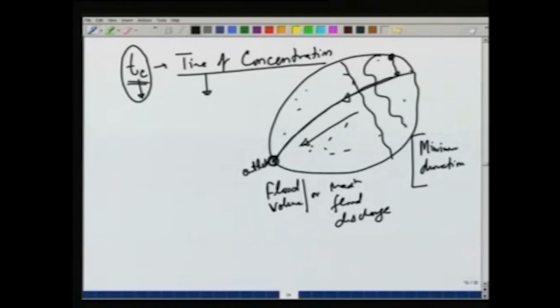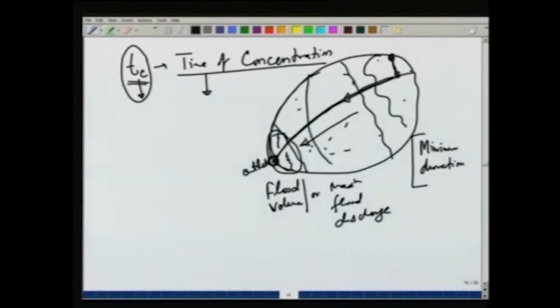If suppose we take our duration less than T c, then what will happen is that the rainfall has already finished over this area. This water will take a time of T c to reach the outlet. So, at this time T c, the entire area of the catchment is not contributing to the flow, because the rain has already stopped and therefore, this area may not be contributing to the flow.